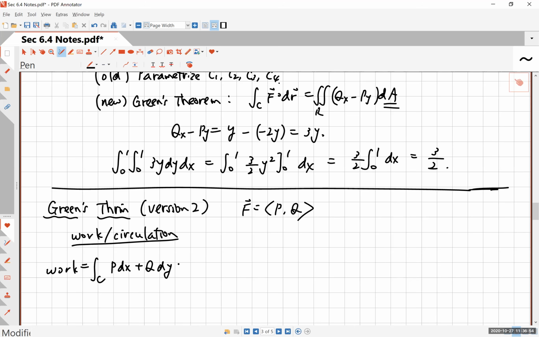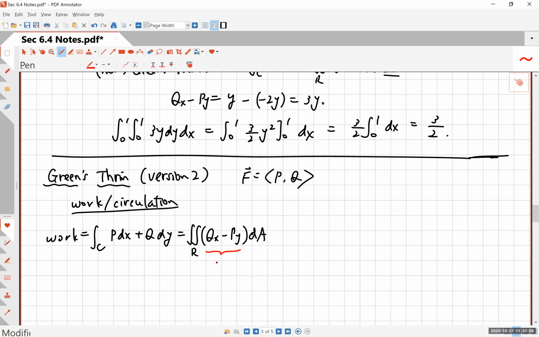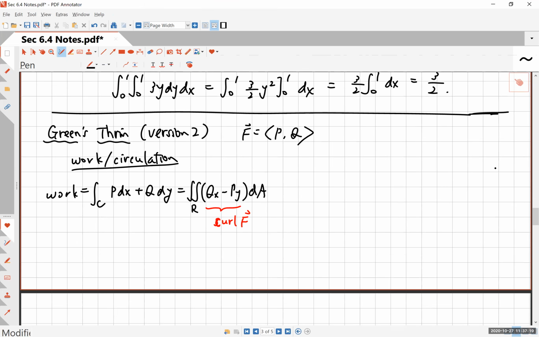We just learned that in Green's theorem, this is equal to the double integral of Qx minus Py. I also made a comment, which will be more apparent when we study the next section, that this part is called the curl of F. That's what I stated as Green's theorem.